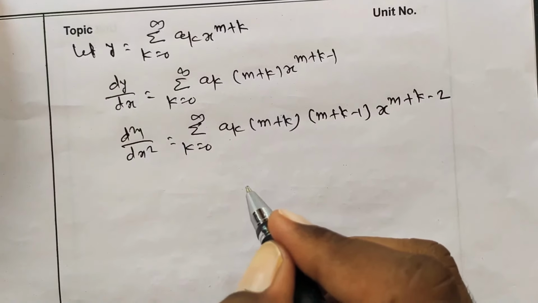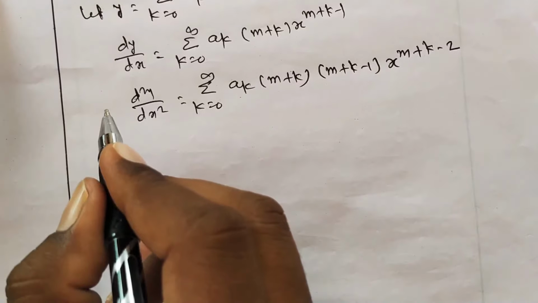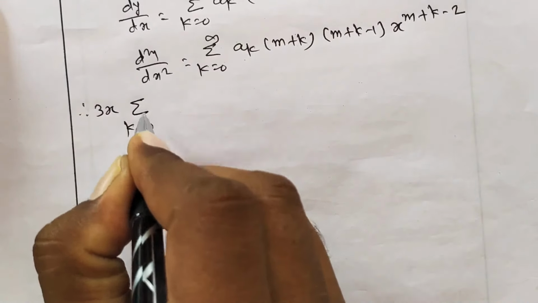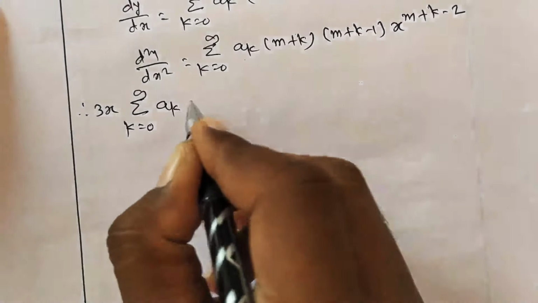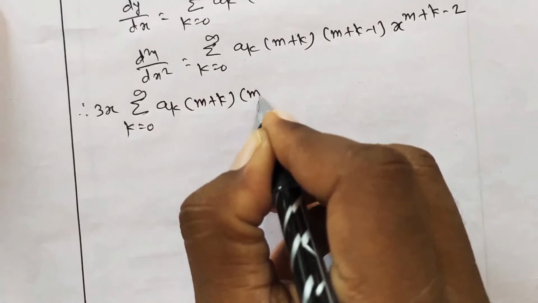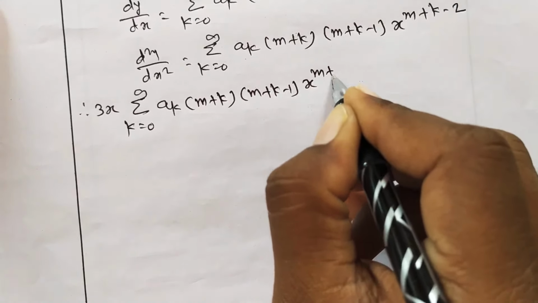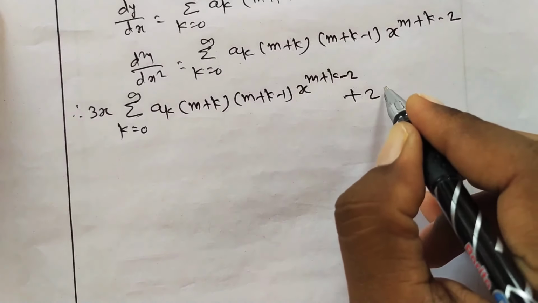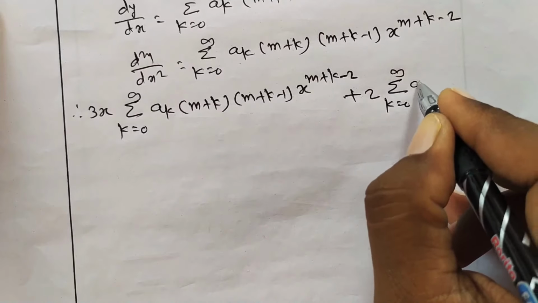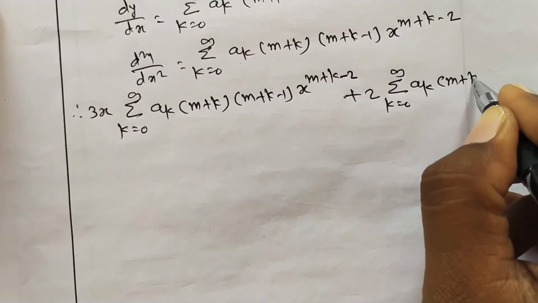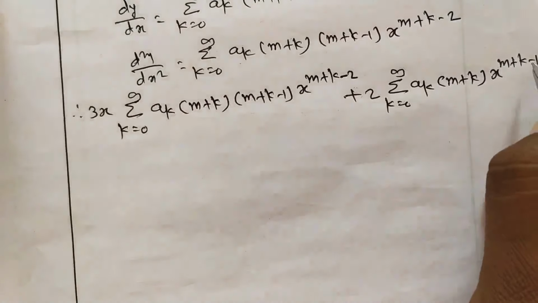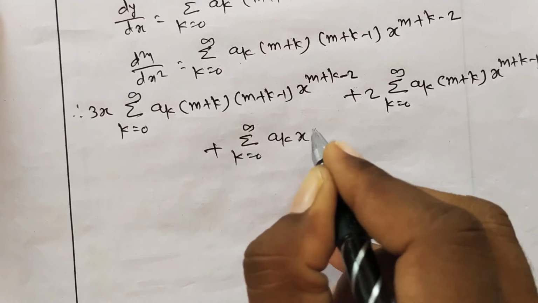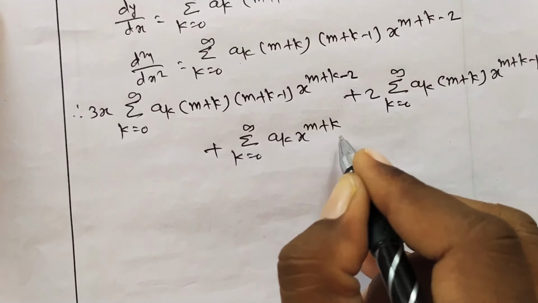Okay, now we have to put all these three values in the given differential equation. Therefore the given differential equation becomes 3x into d2y/dx², where d2y/dx² is summation of k varies from 0 to infinity a_k (m+k)(m+k-1) x^(m+k-2), plus 2 into dy/dx, where dy/dx is summation of k from 0 to infinity a_k (m+k) x^(m+k-1), and plus y, which is summation of k from 0 to infinity a_k x^(m+k), is equal to 0.